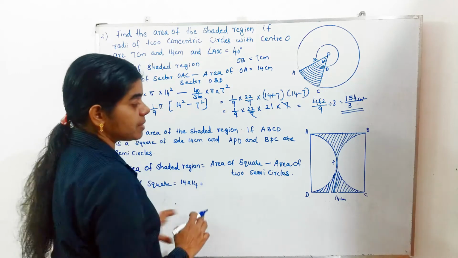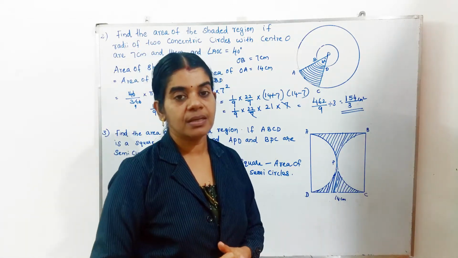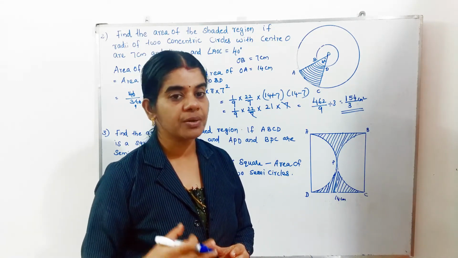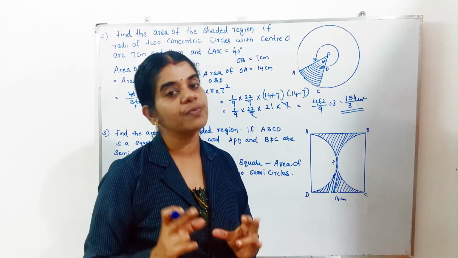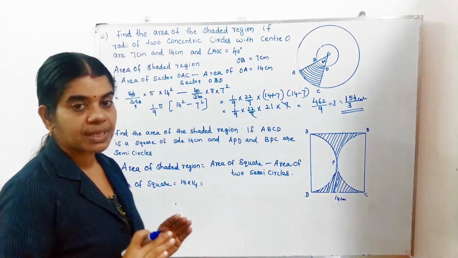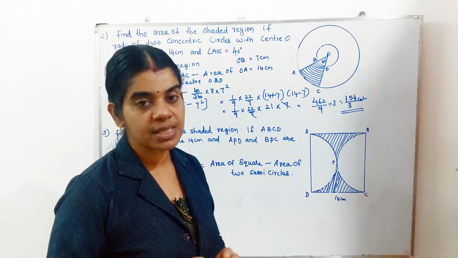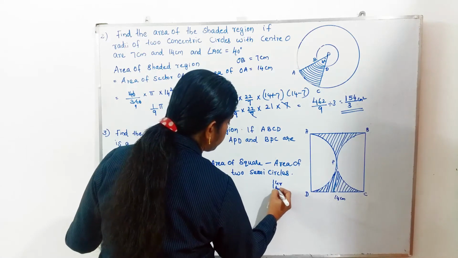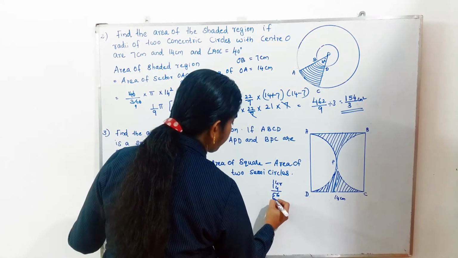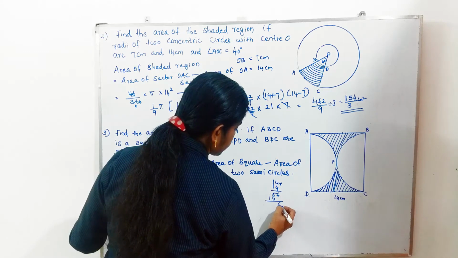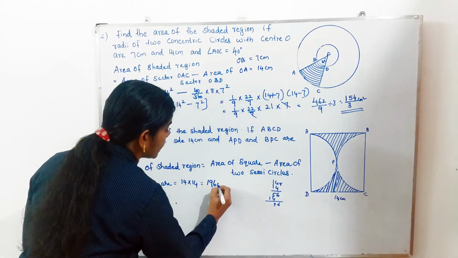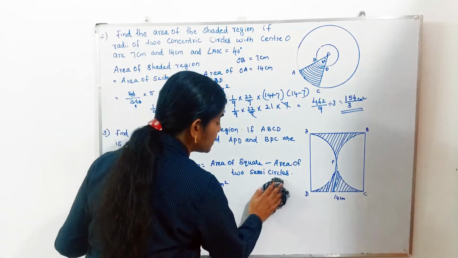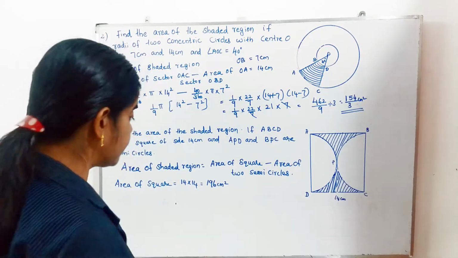Then area of the two semicircles, we can take two semicircles together, it will become a circle. So instead of two semicircle area, we can take area of one circle also. Two semicircles together make one circle. Square is 14 into 14, 196 centimeter square.